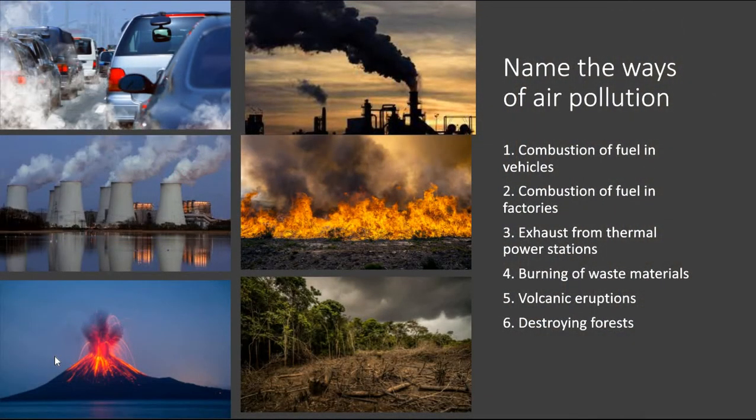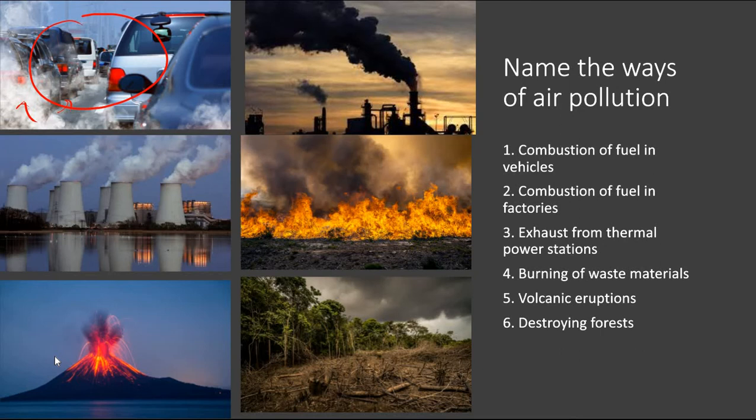So there are enough and more ways the air will get polluted. For example, when you take a look at this picture, you can see that these vehicles are burning or combusting fuels and releasing some toxic gases. So here, this is going to pollute the air.